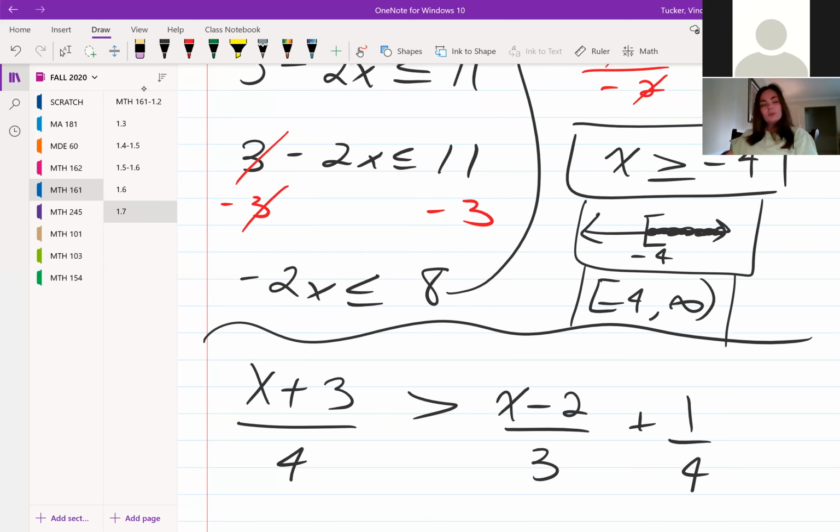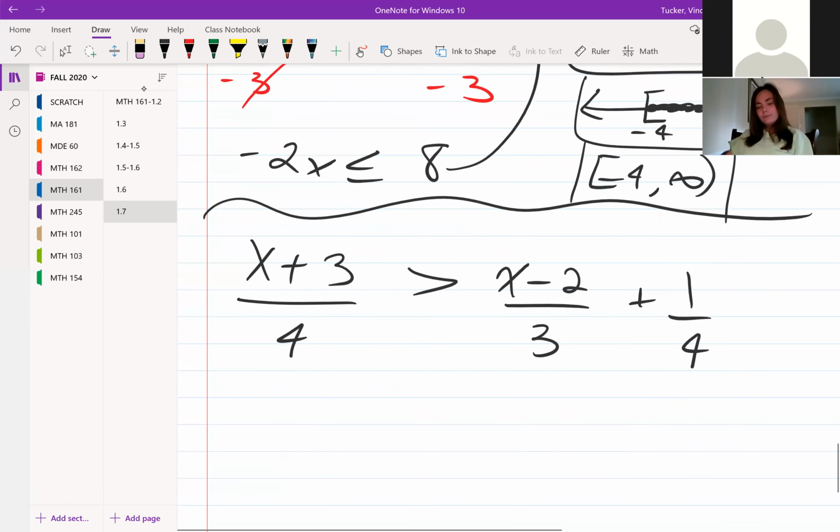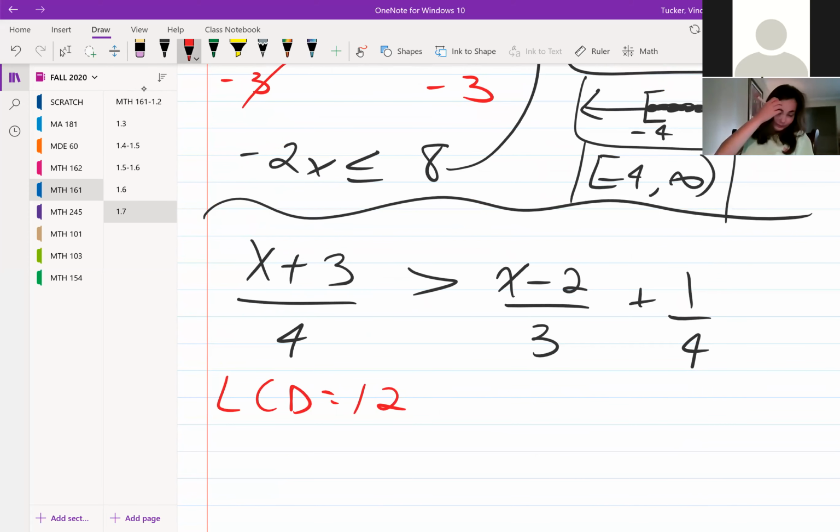All right, so here we got x plus 3 over 4 greater than x minus 2 over 3 plus 1 over 4. I would find the LCD and multiply across the equation so I don't have to deal with fractions. So I will clear out my fractions. LCD is 12. Remember, we did the same thing when we had equations like this.